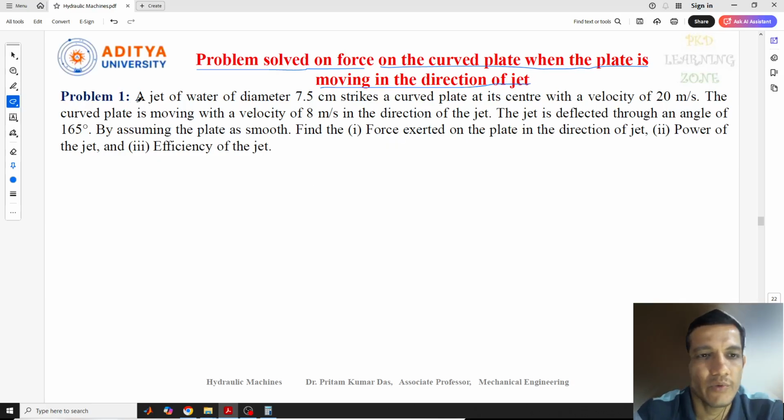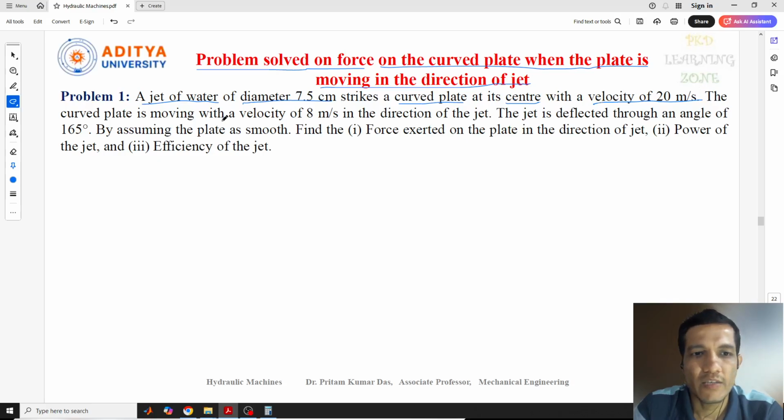Here I have taken a question: a jet of water of diameter 7.5 centimeters strikes the curved plate at its center with a velocity of 20 meter per second.